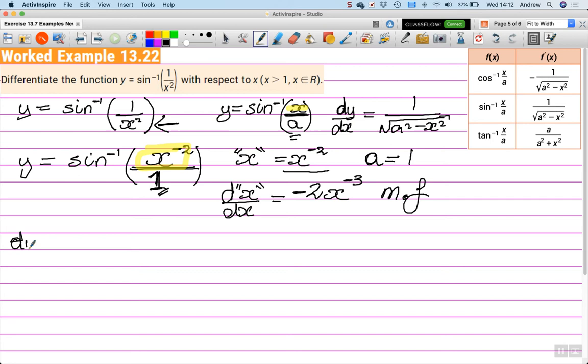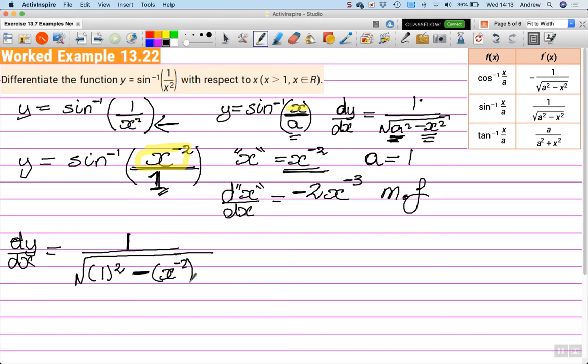So we're now going to apply the formula, and dy dx is equal to, well, what's on top? It says 1 is on top. So there's 1. And then it's got the square root of 1 to be squared minus, open bracket. What's the value of x? Well, the value of x is x to the power of minus 2.